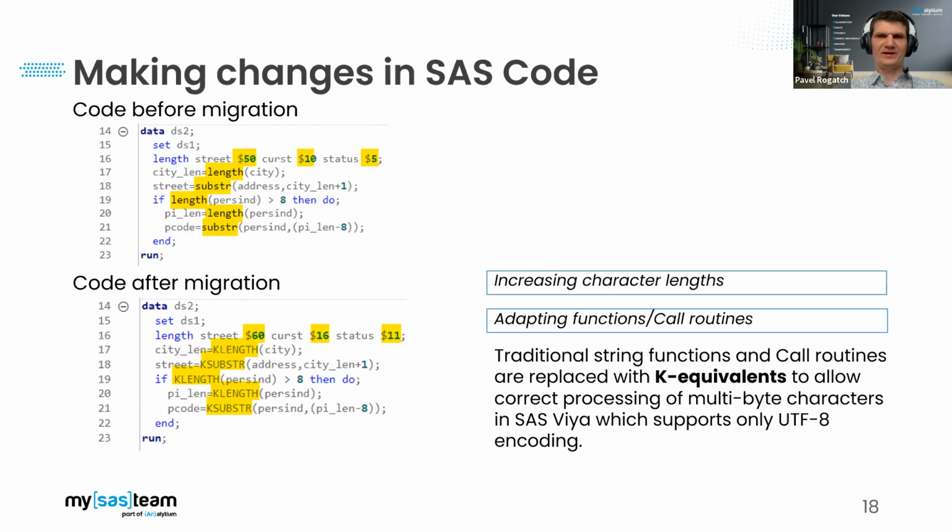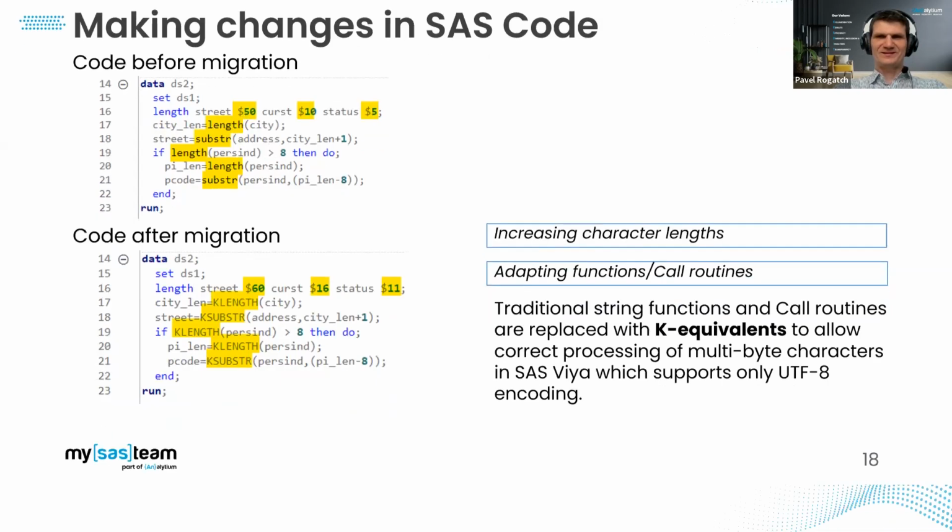In SAS Viya, UTF-8 is the only session encoding available, and it is a multi-byte encoding, which means that characters can occupy more than 1 byte, up to 4 bytes. So traditional string functions may cause unexpected results when processing multi-byte characters. Therefore, some functions and call routines were replaced with their K equivalents, so-called K functions or K call routines, for correct processing of UTF-8 characters.